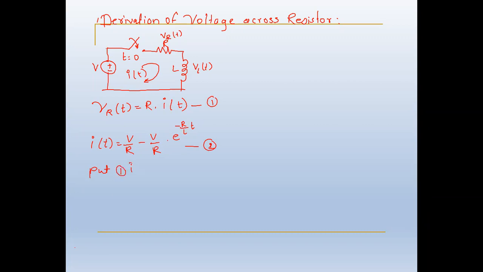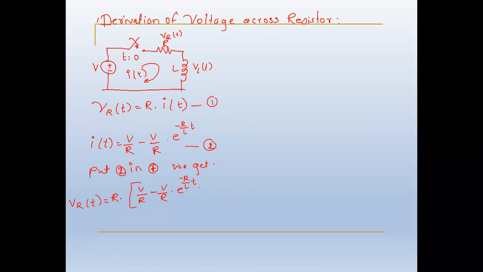Put 2 in 1. VR of t is equal to R into V by R minus V by R into e raised to minus R by L into t.